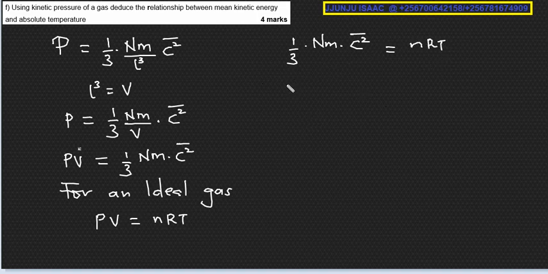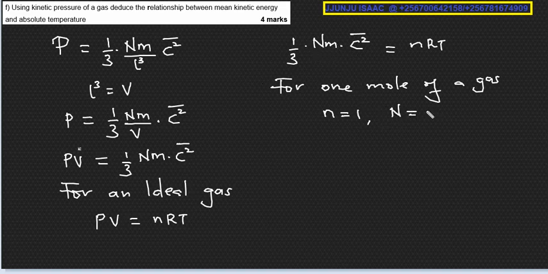Now we are going to consider 1 mole of a gas. From this expression, n will be equal to 1, then the number of atoms in 1 mole, N, will be equal to Na, Avogadro's number.